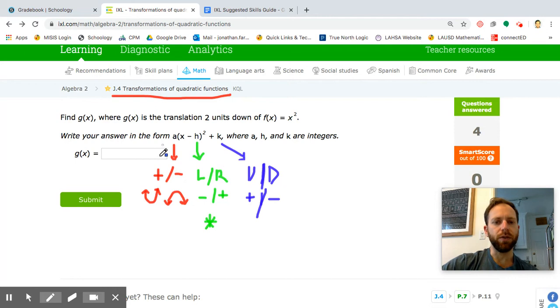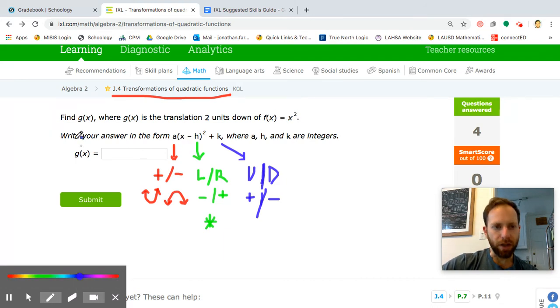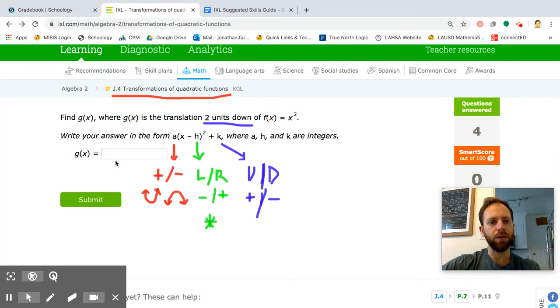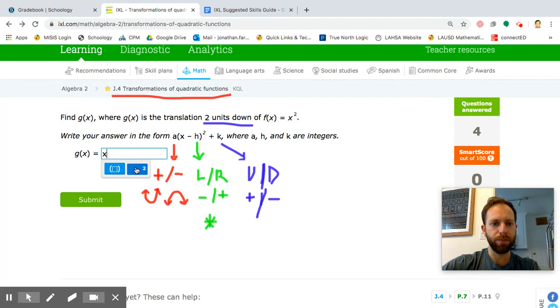Okay, so using this information, we can write equations of a transformation of the parent function, f of x equals x squared. All right, so let's see which one we want to use here. This says find it when it's a translation 2 units down. So down means that we're going -2 on the k value. So we're just going to write this exact thing, but we're going to write -2 at the end. So g of x would be x squared -2 because we're moving it down 2.